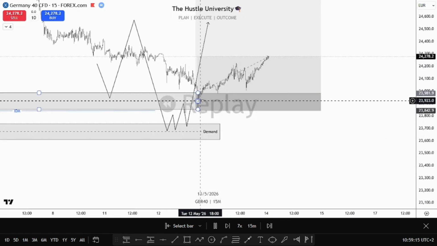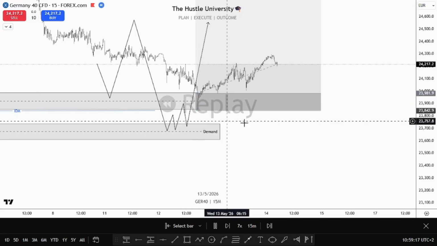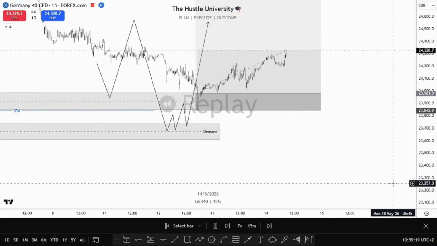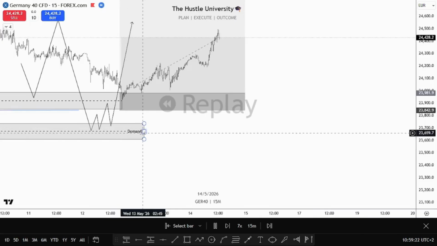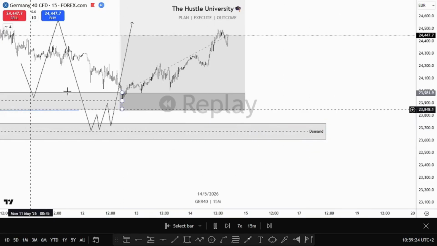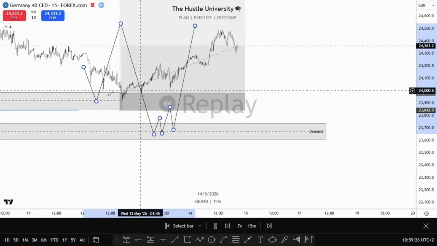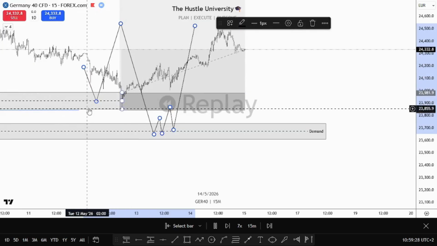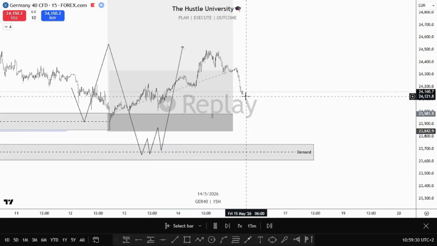So this got triggered on the 12th. The trade I took was on the following week, so now we're just waiting for price to come to our area, right? Like I said, we saw a reaction off the inducement for early buyers coming into the market.